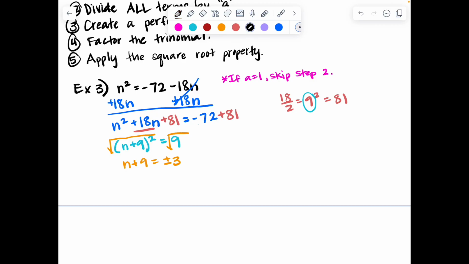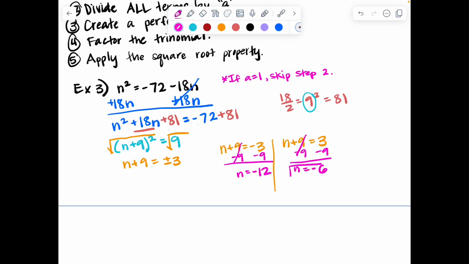And then I just solve. n plus 9 equals -3, and n plus 9 equals +3. n equals -12, and n equals -6.